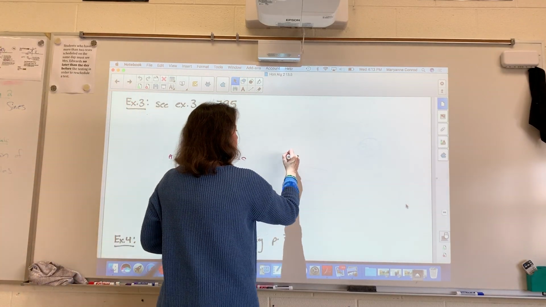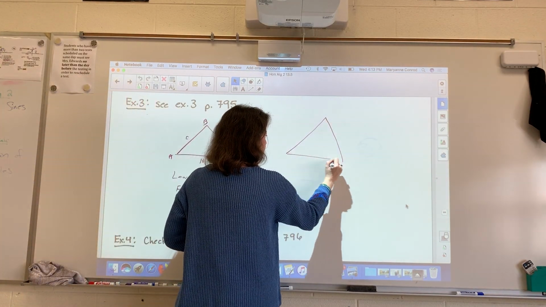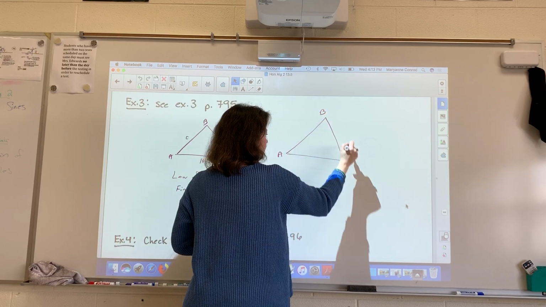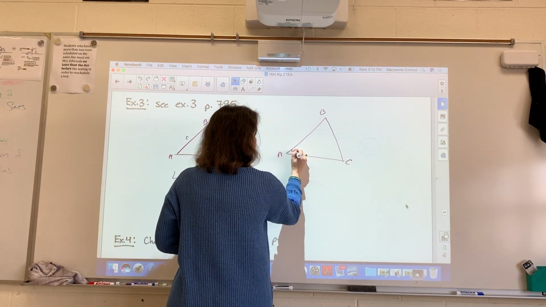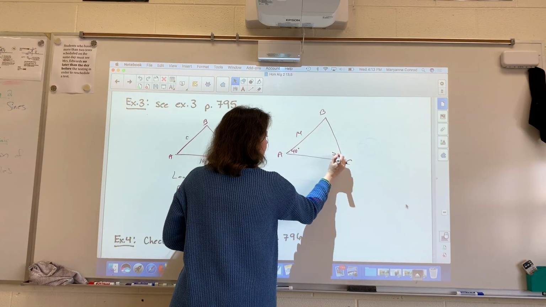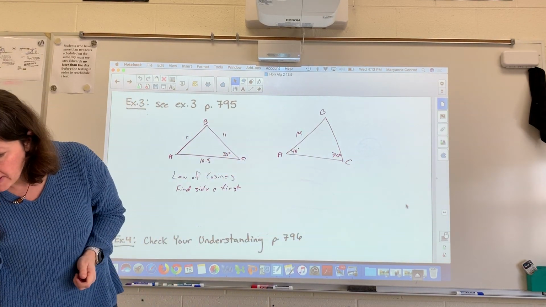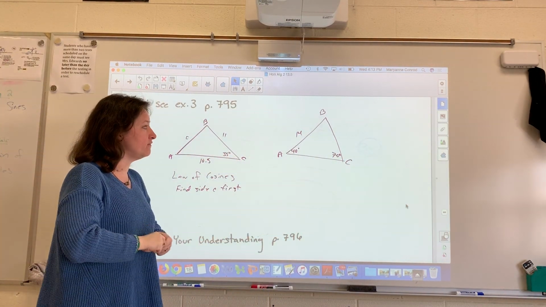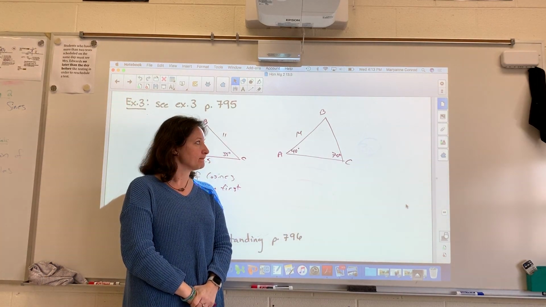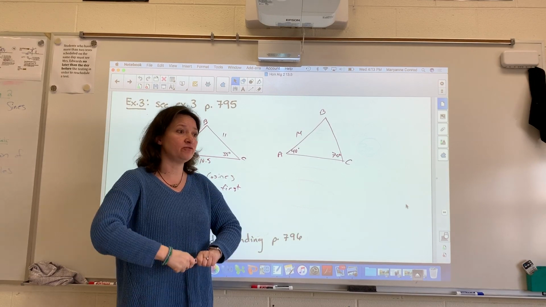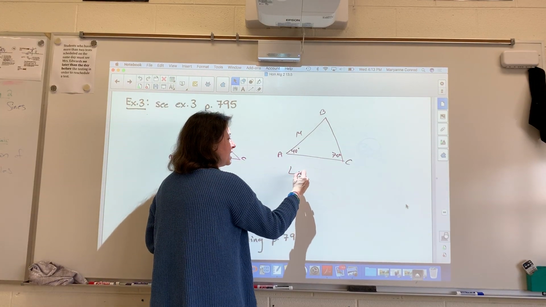So on this triangle ABC, we have 40 degrees, 14, and 70 degrees. I think that's what we have. Okay, so what would we use to solve this triangle? Law of sines or law of cosines? That's right, this time we can use law of sines.